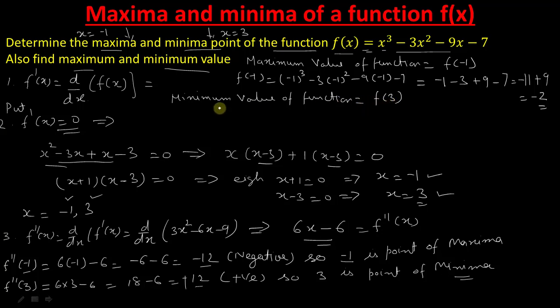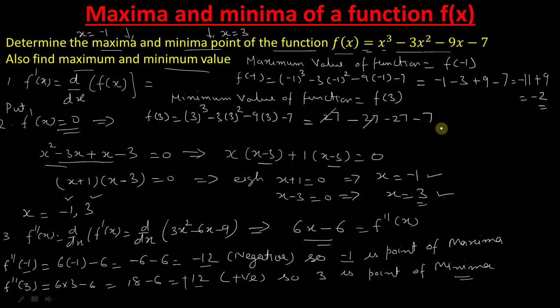So f of 3, put here 3 cube -3 into 3 square -9 into 3 -7. So it is 3 into 3 into 3, 27, minus 3 into 3, 9, 9 into -3 is -27, -27 -7.